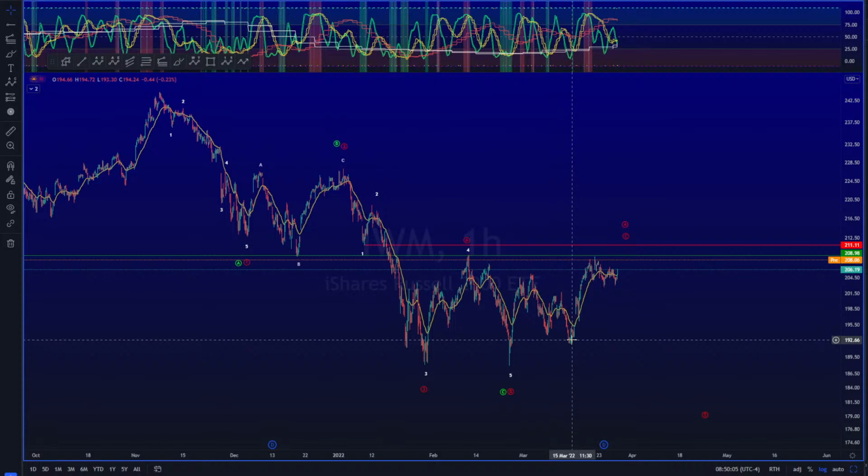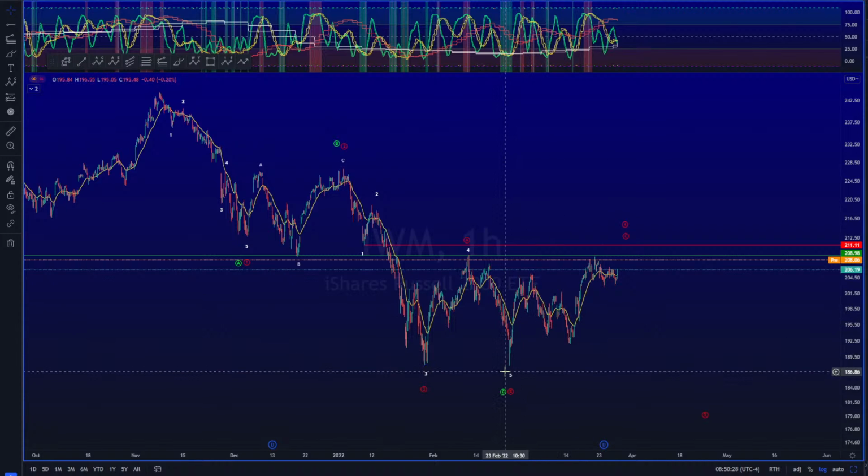Now, as I was stating in the Discord earlier today, you do have to keep in mind that any time you have a big significant move to the upside, there is potential that we could reverse at any time.